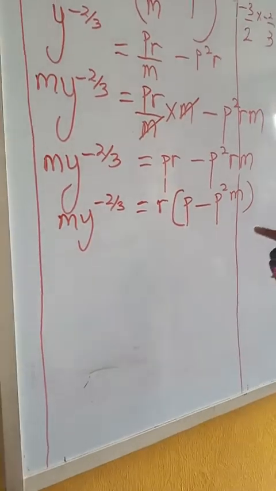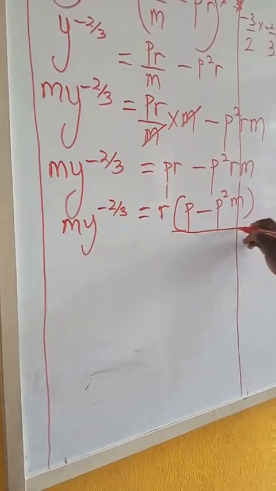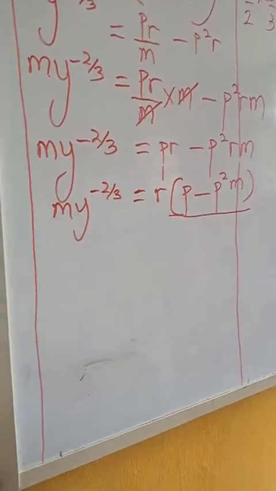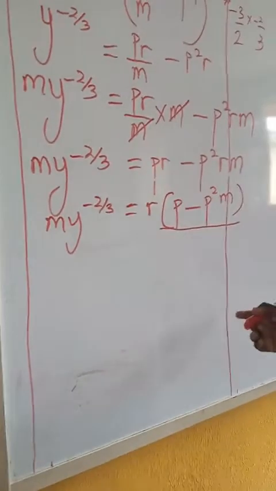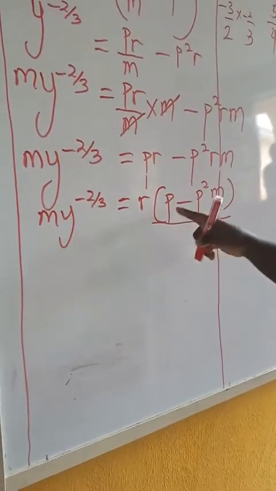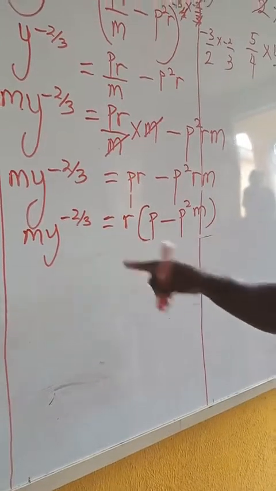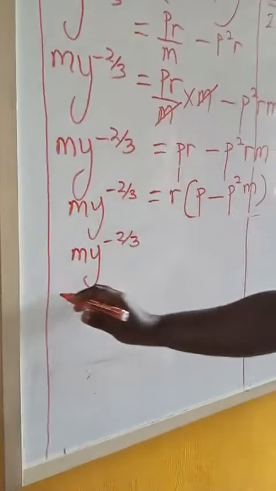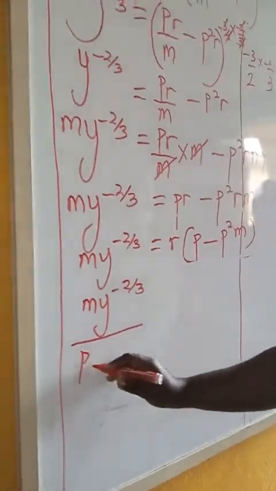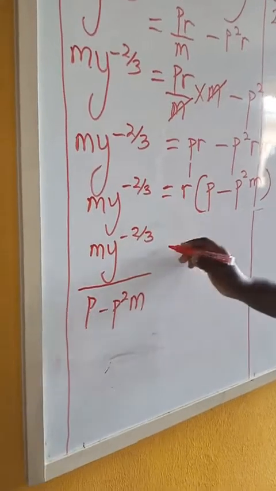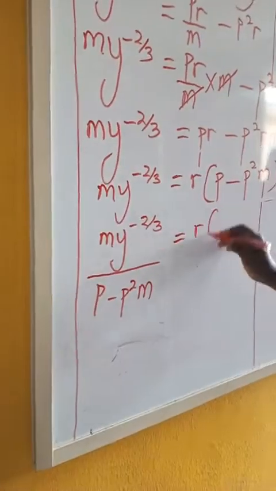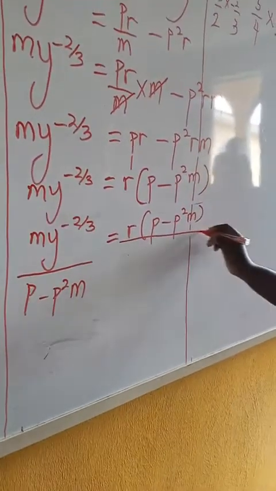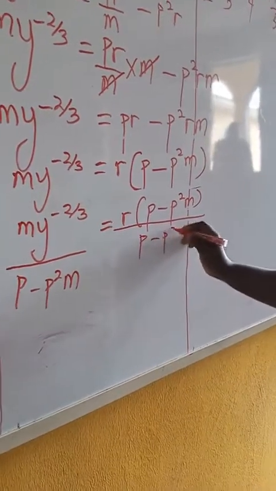So finally, we want to eliminate this p minus p square m, since it is only r we want to make the subject of the formula. So how do we do that? Divide both sides by p minus p square m. So now m y raised to power minus 2 over 3 all over p minus p square m is equal to r open bracket p minus p square m all over p minus p square m.